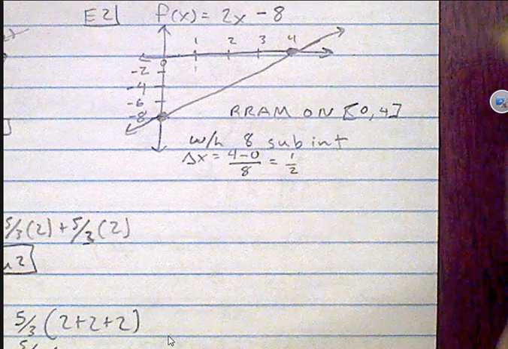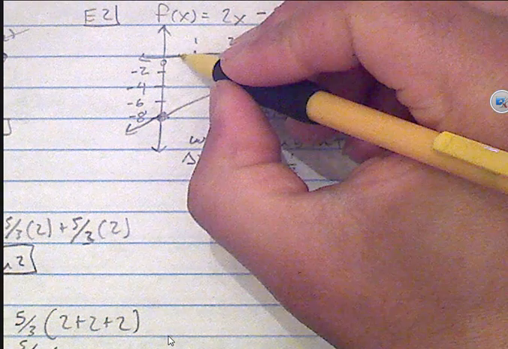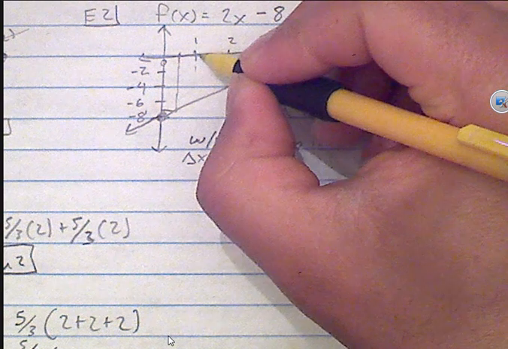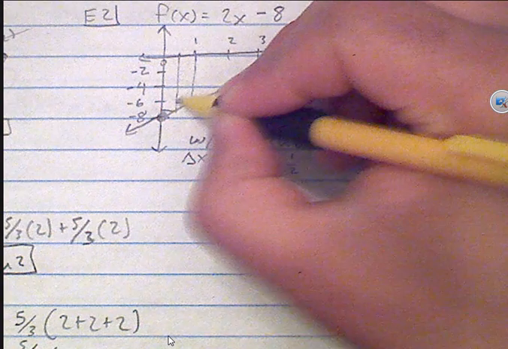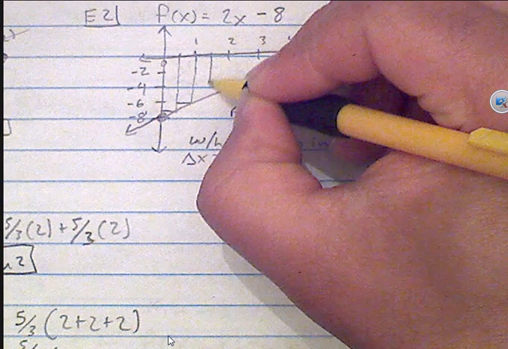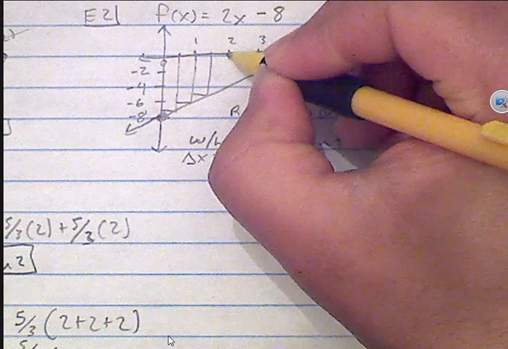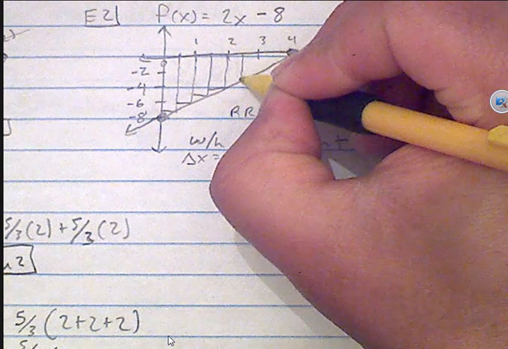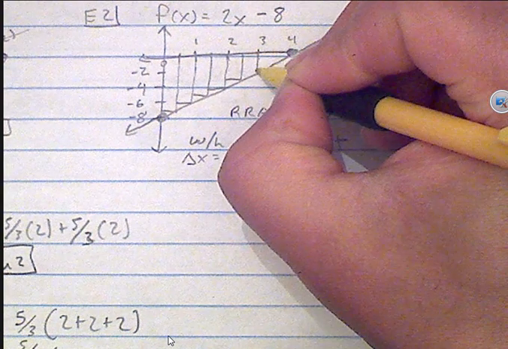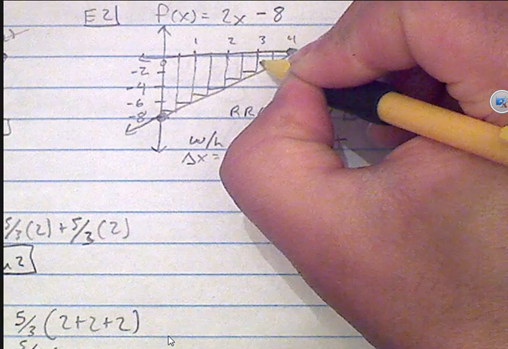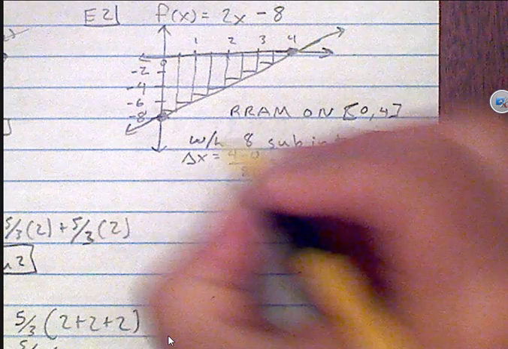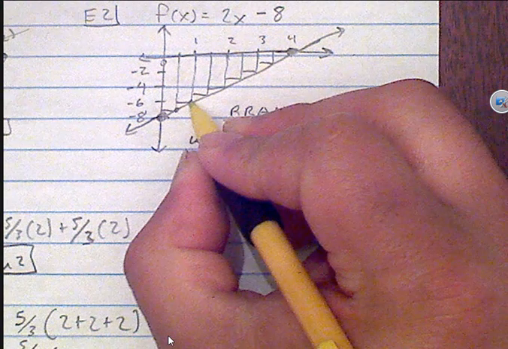So each rectangle is a half unit wide, and it's an RAM, so I just got to make sure that every rectangle intersects at the right endpoint. So there are all these points right here.